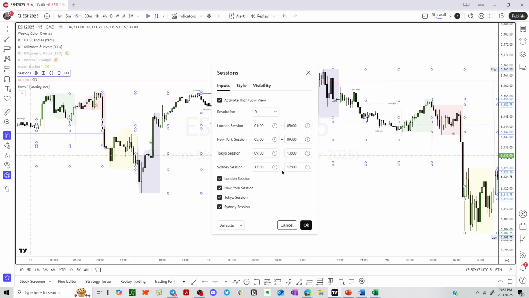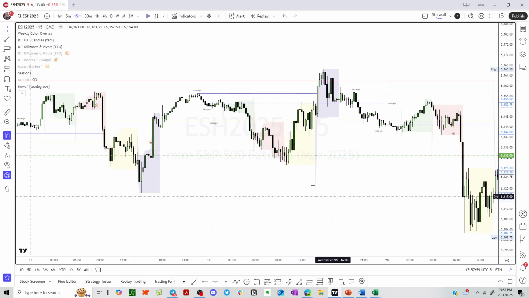It says 13 to 1500, but it's really 2 to 6. This one says 9 to 1300, but it's the 10 to 1400, 10 o'clock to 2. So the yellow ones are the regular market, the 4 hour candle from 10 a.m. to 2 p.m.